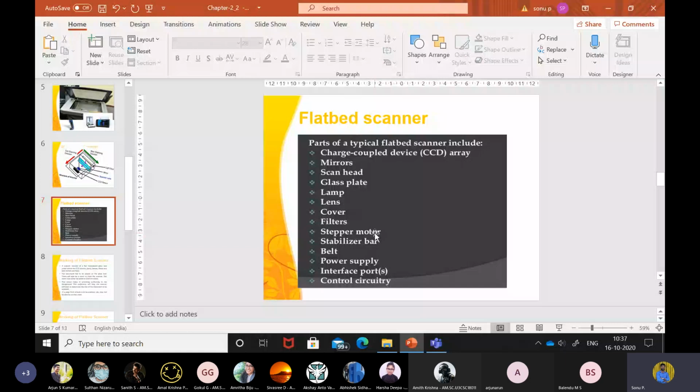Then there is a stabilizer bar. One example of why we need it: whenever the motor moves, there will be some vibrations. To stabilize that vibration and make the document scanning smoother, we use the stabilizer bar. Then we have a belt to move front and back.